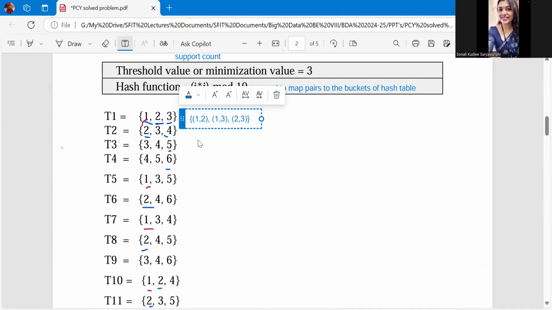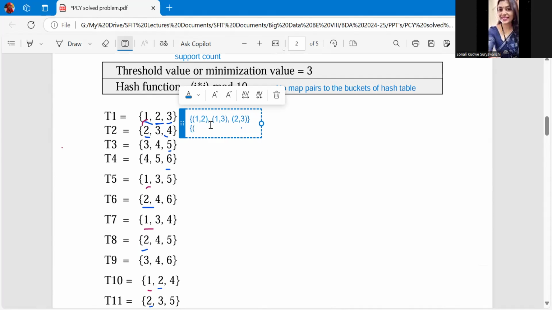Similarly, you are going to do it for the remaining pairs also, but you have to keep in mind, do not repeat the pair. If that pair has already been generated in the earlier transaction, do not repeat it. For example, here, 2, comma 3, comma 4. The pairs that will be generated are 2, comma 3, 2, comma 4 and 3, comma 4, where you can clearly see 2, comma 3 has already been generated in the earlier transaction, so you don't need to repeat that.